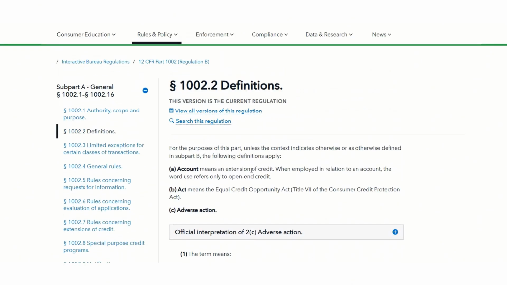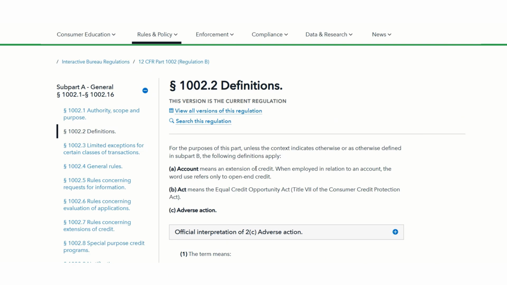Account means an extension of credit. When employed in relation to an account, the word used refers only to open-end credit. So with open-end credit, we have to see what that means. Now, an extension of credit is not an account of deficiency. When credit is added to an account, that means that's something that's yours to be used.